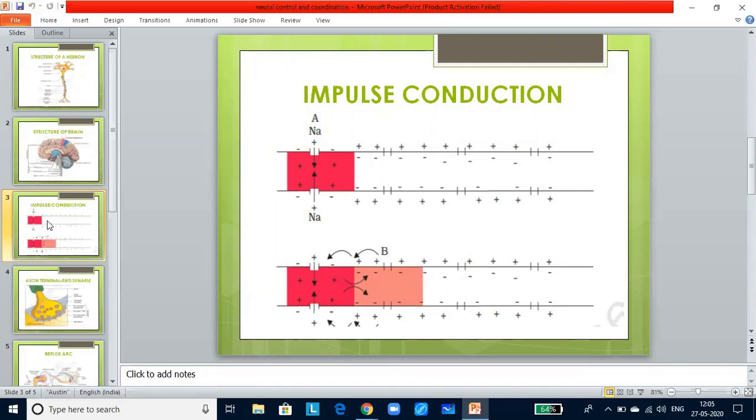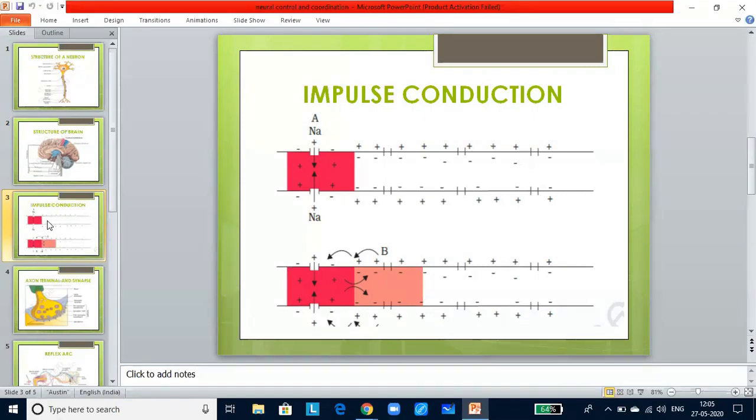These ionic gradients across the resting membrane are maintained by the active transport of ions by the sodium-potassium pump, which transports 3 sodium ions outwards for 2 potassium ions into the cell. In this condition, the electrical potential difference across the resting plasma membrane is called the resting potential.